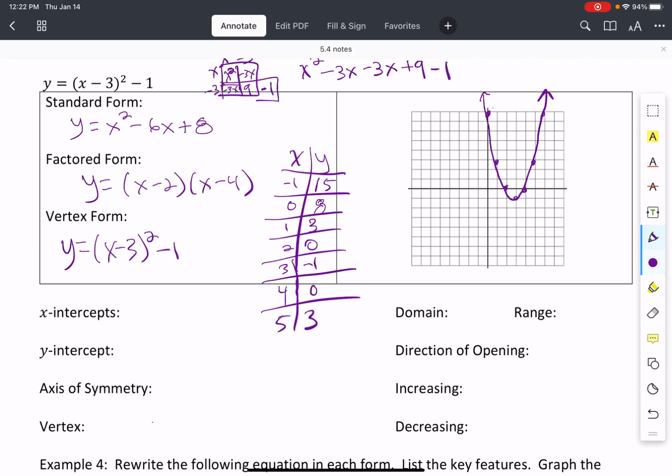So x-intercepts. Mariah, what are those? It's 0, 2. 2, 0. Oh, 2, 0, and then the other one is 4, 0. Perfect. Okay. Evan, what's the y-intercept?